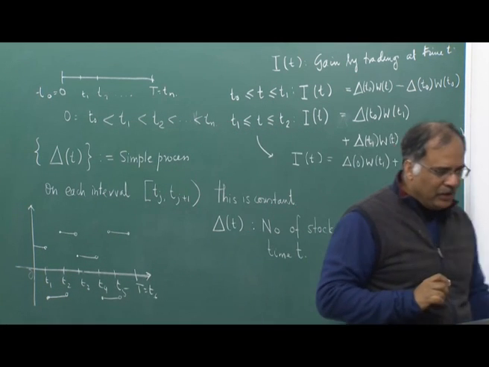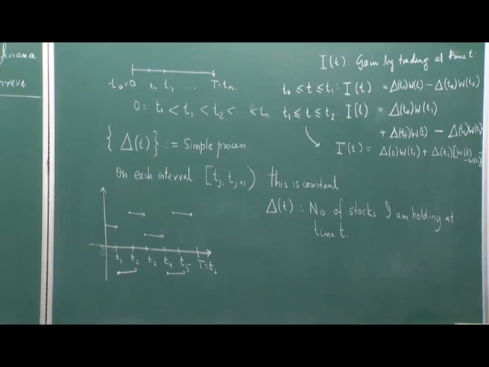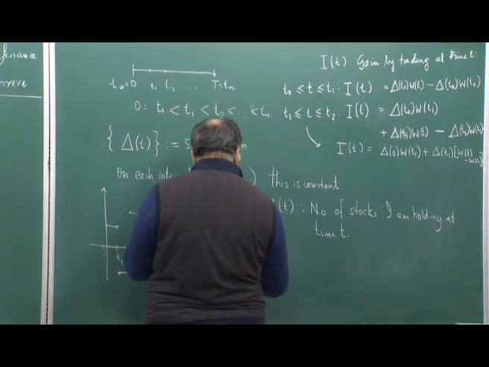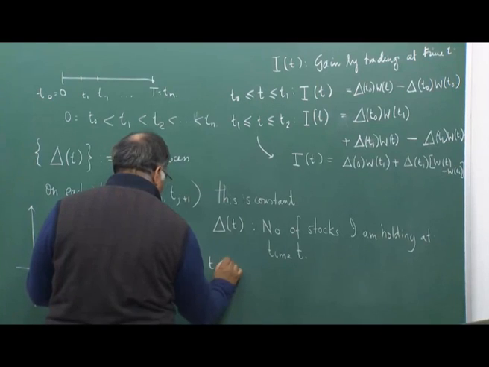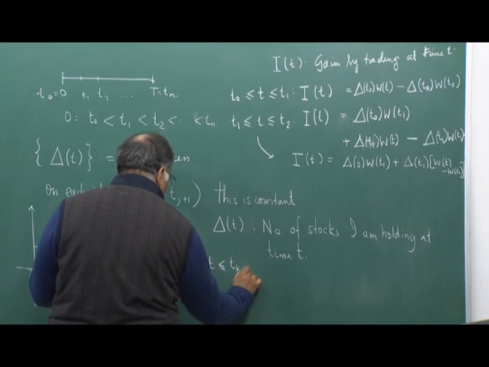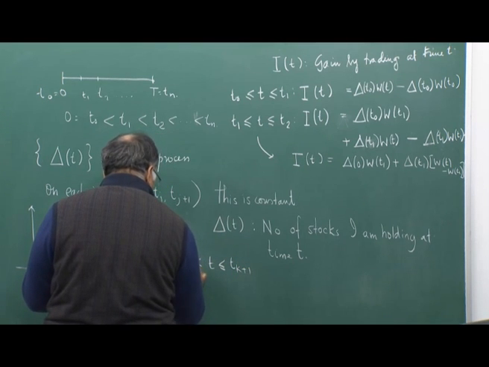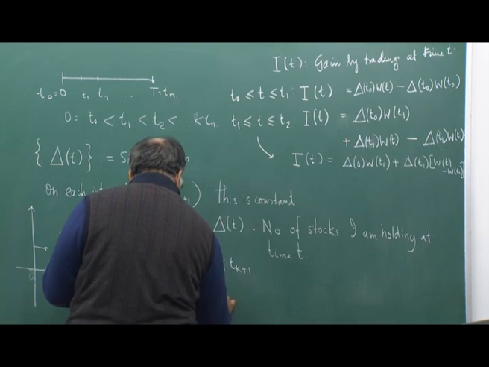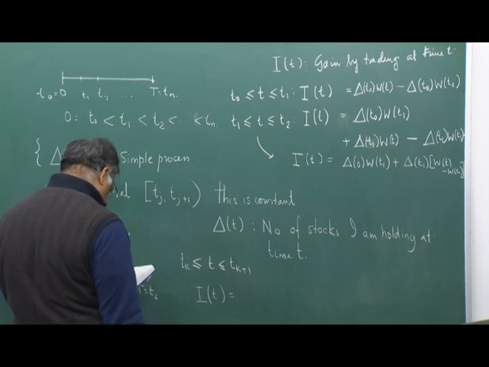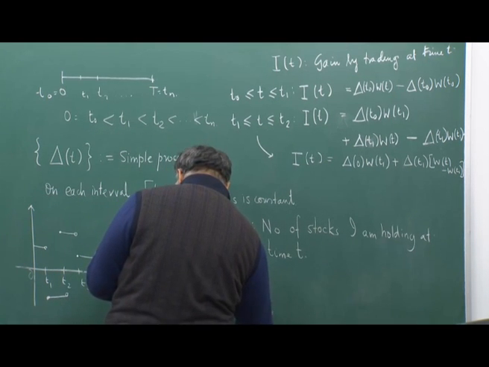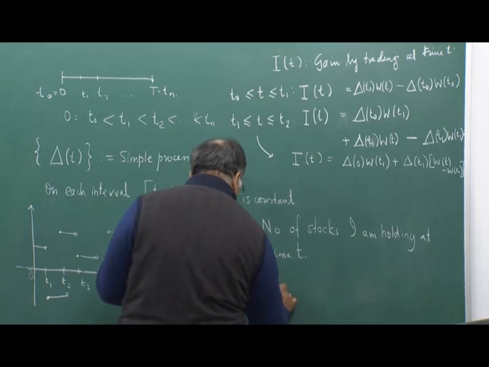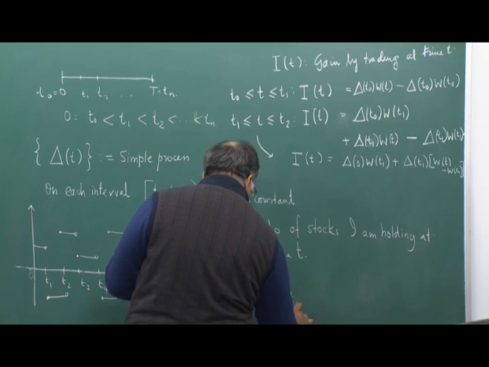Now, this can be written in a more general way, that if t lies between tk and tk plus 1, then your It is as follows.